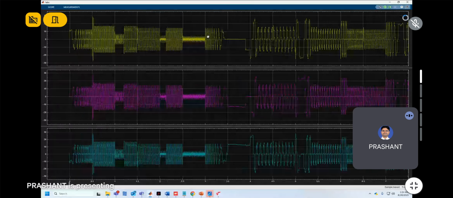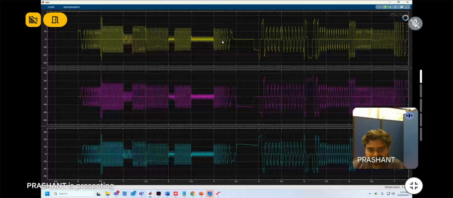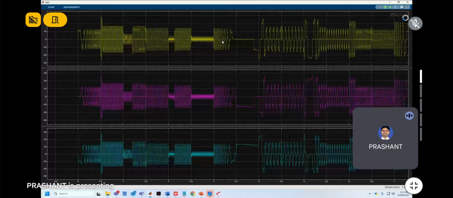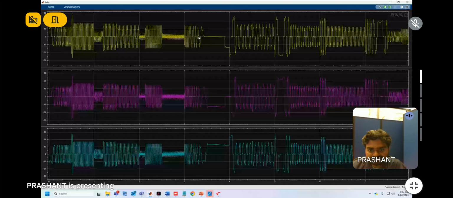So I tried to design the control algorithm in which, though it is still not exactly zero, with some fluctuations across the zero axis, I am getting the zero currents for the moment where the stator phase back EMF is zero.